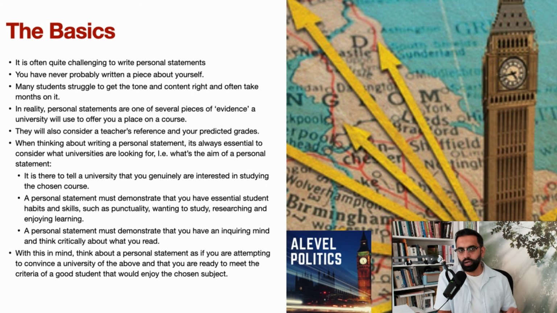Number one, you want to tell a university that you genuinely are interested in studying the specific chosen course. It's not just about telling the university that you're a great student. You want to convince them that you're going to be a great international relations student or a great law student. So you want to be specific about your course.